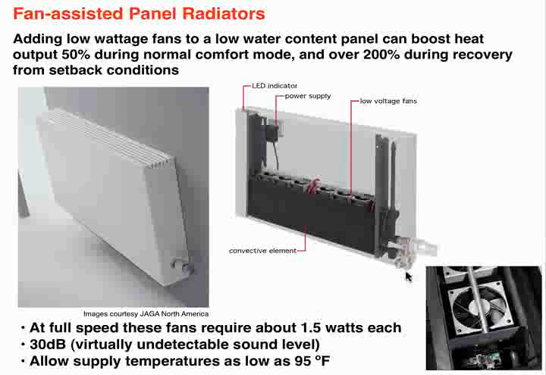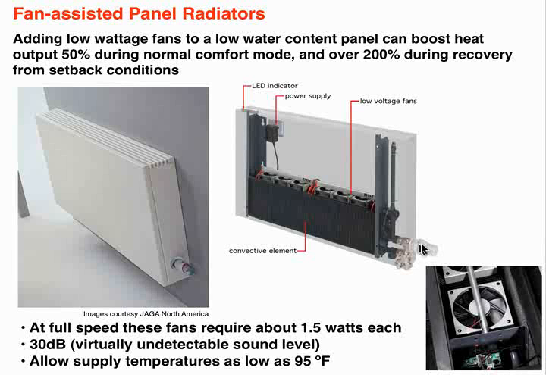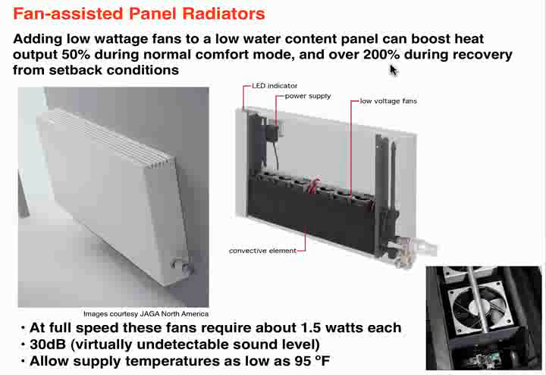These are essentially the same type of fans that you find in a desktop computer. You can see the thermostatic radiator valves that are on these. So these operate like a panel radiator, with the difference being a boost in convection at low water temperatures. And that boost is very significant, about a 200% improvement in terms of convective output at those low water temperatures.